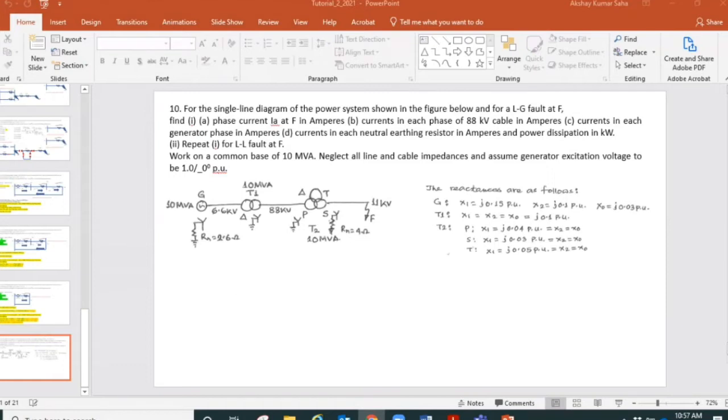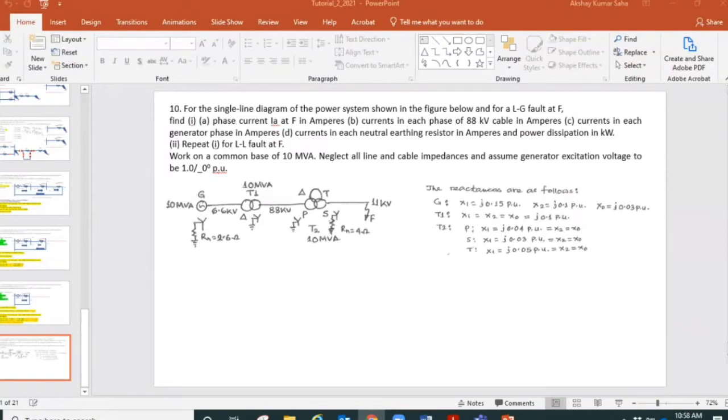And also there is another application, that if the transformer rating is very, very high, we can go with the tertiary winding. There is another application when you need to reduce the impedance of the transformer circuit, in cases where you need to reduce the fault current to such a level that it can go to the ground.